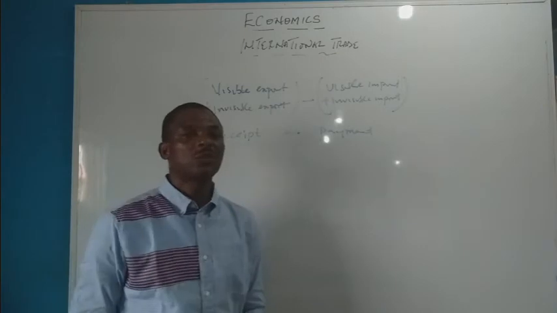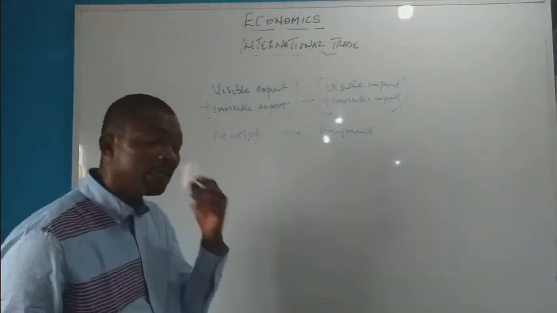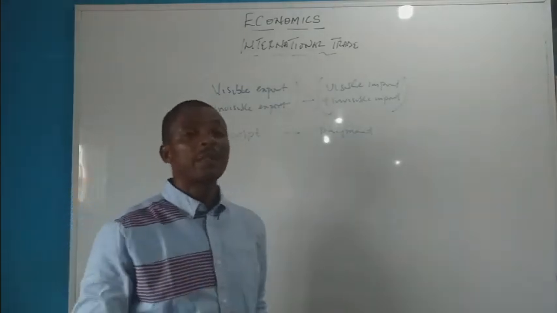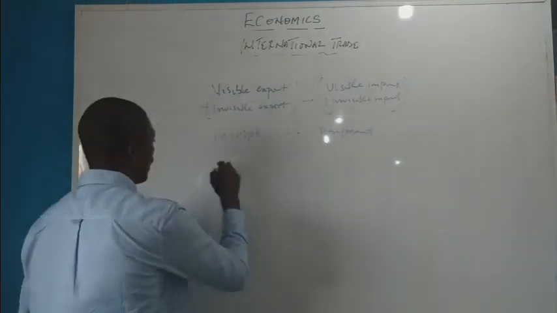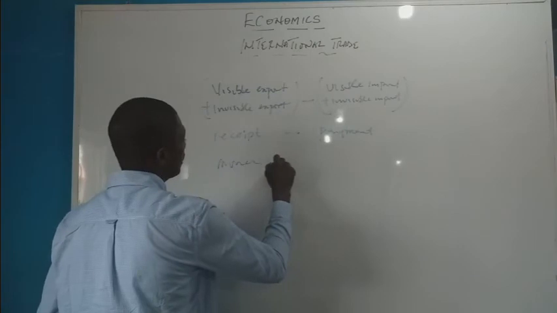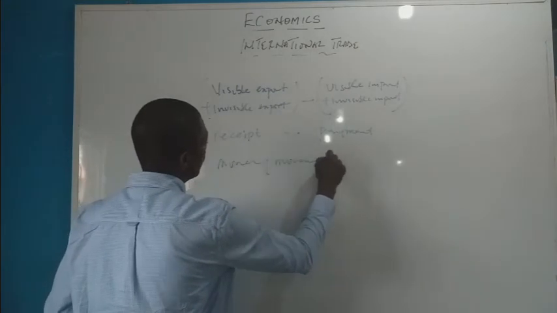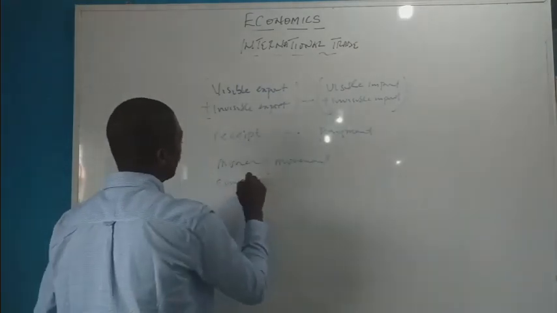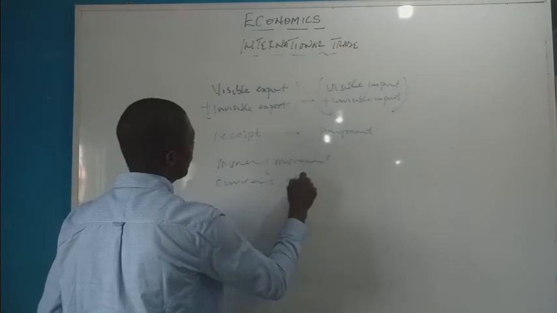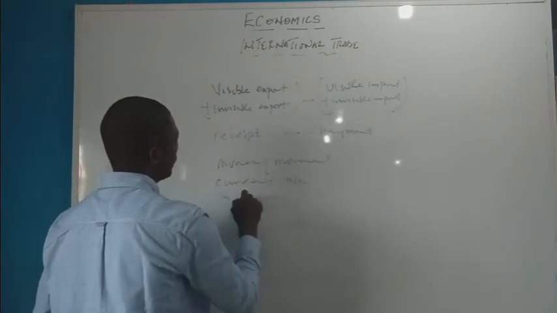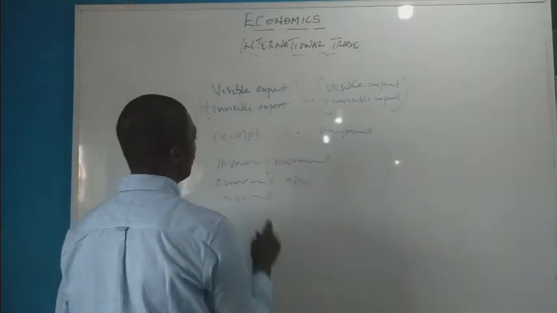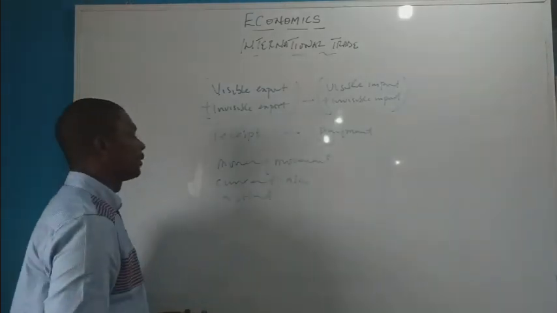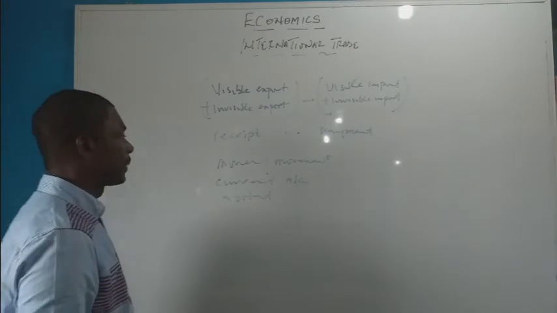Now, having said that, let's go to the next line of action. Before we go to the next line of action, the balance of payment is made up of 3 components. We have the monetary movement account, the current account, and the capital account. So it is made up of the monetary movement account, the current account, and what? The capital account.